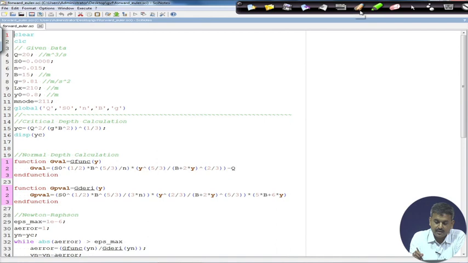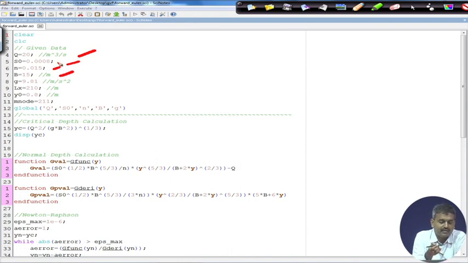Let us say that for the given data, q equals 20 meter cube per second, S naught equals 0.0008, n equals 0.015, and bed width is 15 meters.